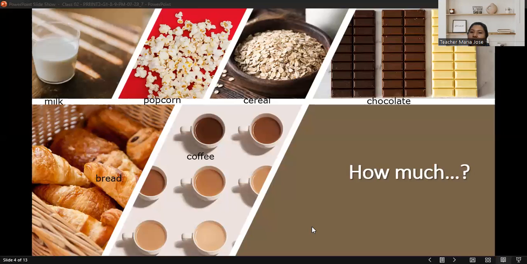Okay, what about chocolate? Many chocolate. I cannot say many. You cannot count the chocolate. Other possibility? Maybe some chocolate. Okay, there is some chocolate. That's good. What about bread? How much?